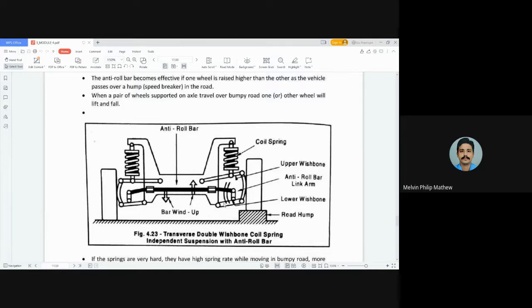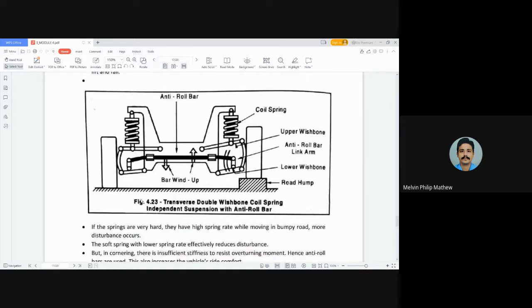There is a twisting action at the anti-roll bar, and this twisting action in effect provides a downward force for the inner wheel. The lifting of the inner wheel was the reason for rolling. So if we provide a downward force to the inner wheel, it reduces the chance of rolling. That is the function of an anti-roll bar. I'll show you a video of how it works.